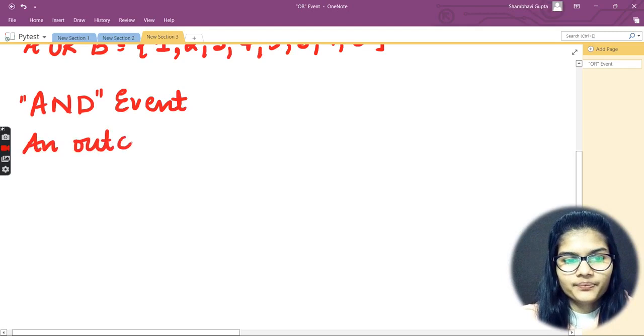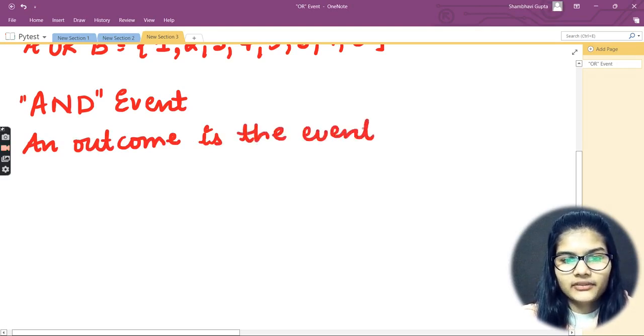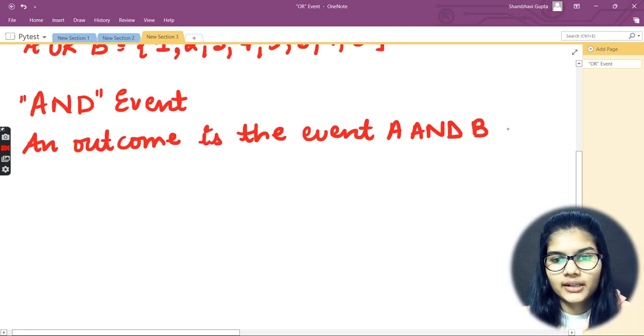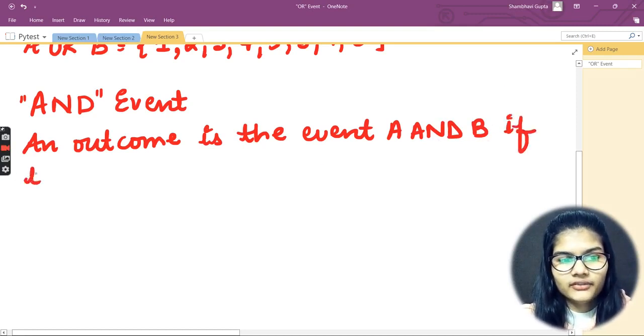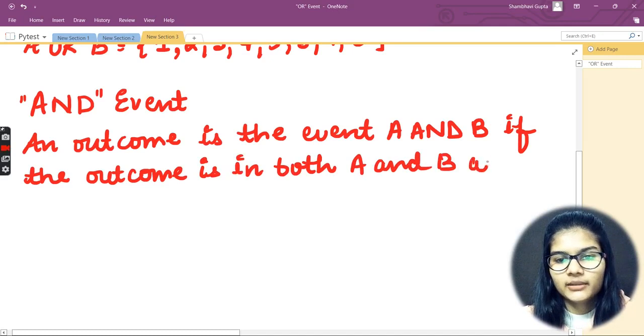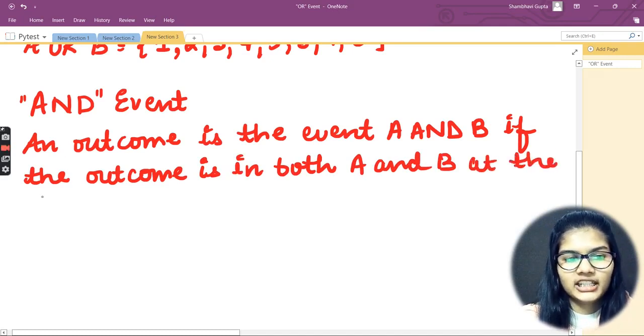Here the outcome is the event A and B if the outcome is in both A and B at the same time.